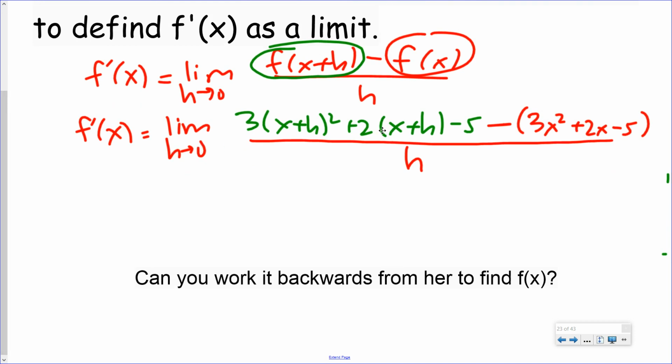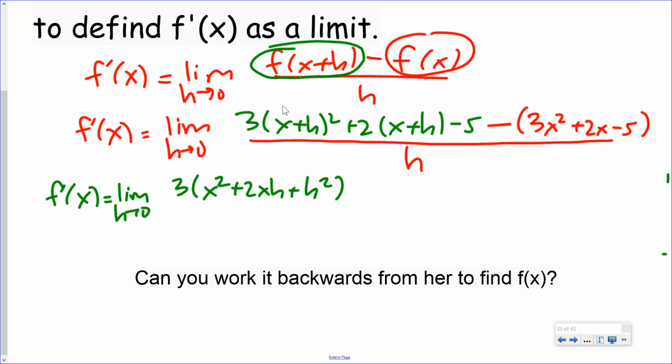What you're going to do here is multiply out and simplify. So the derivative is equal to the limit as h goes to 0 of 3x squared plus 2xh plus h squared. All I did was FOIL that. Plus, I'm going to distribute this 2, so that's plus 2x plus 2h, and then carry down the minus 5.